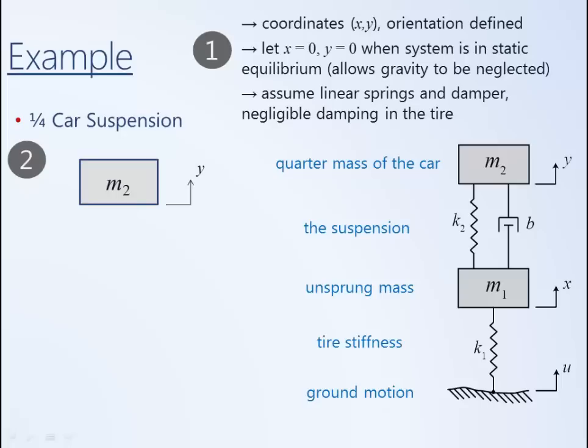In general, a force generated by a spring will be in both directions. If you compress the spring, it will generate a force in one direction, but if you stretch the spring, it'll generate a force in the opposite direction. The way that I like to do it, just to keep myself straight and consistent, is to move my mass in the positive direction I've defined. So I imagine that mass 1 is fixed, and if I move mass 2 in the direction of positive y, that stretches the spring, and so it's going to want to pull down.